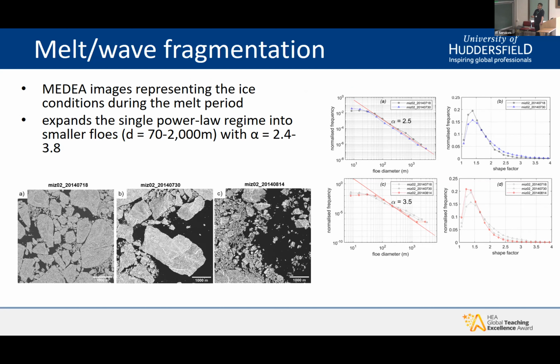What is interesting is that we are returning to a single power law behavior from 70 meters to 2000 meters. Also, the distribution of shape becomes narrow and close to 1, indicating more round shapes of the floes.